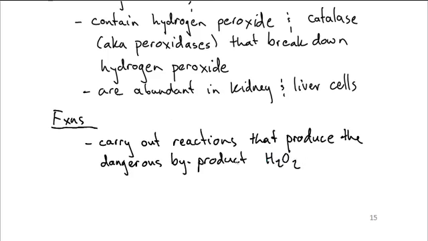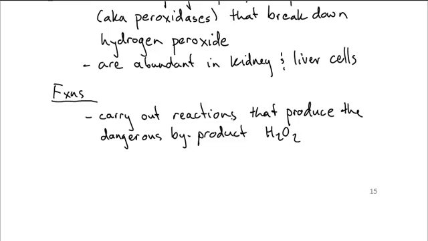So we don't, as I said, we don't want hydrogen peroxide in our cells, but when we are carrying out reactions, H2O2 is produced. Interestingly, there are some recent suggestions that we do need some level of H2O2 in our cells, but it has to be tightly regulated, and that's what the peroxisomes can do.